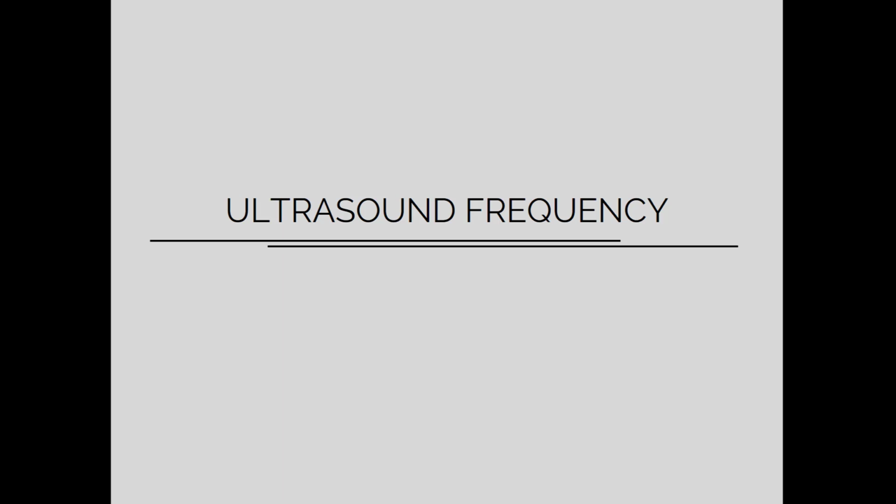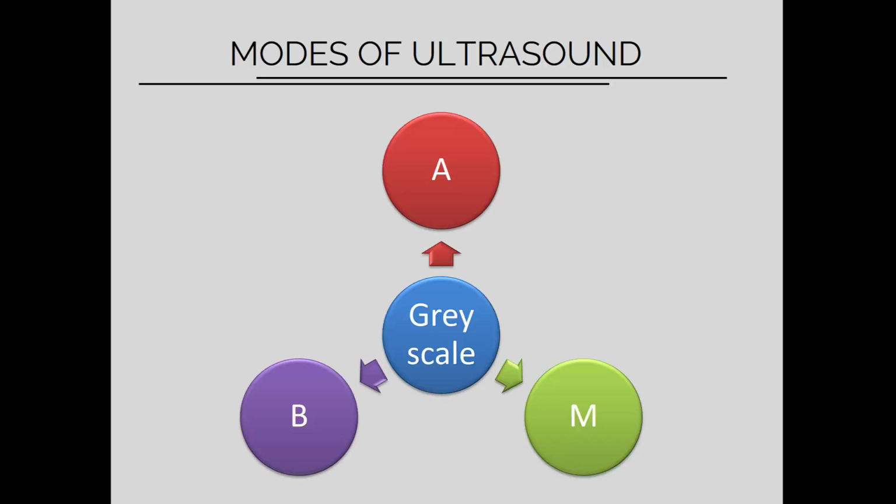While if you have to do the ultrasound of a deeper structure, for example abdominal viscera or pelvic viscera, you need to go with the lower frequency ultrasound, which has more depth than the higher frequency ultrasound probes, okay?